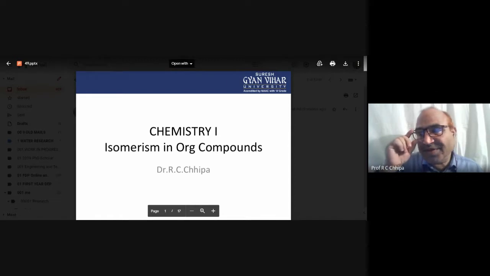Oxygen itself is divalent. Nitrogen also combines with the carbon atom, so carbon and nitrogen can combine with each other. A number of organic compounds are formed because of trivalent nitrogen and divalent oxygen.